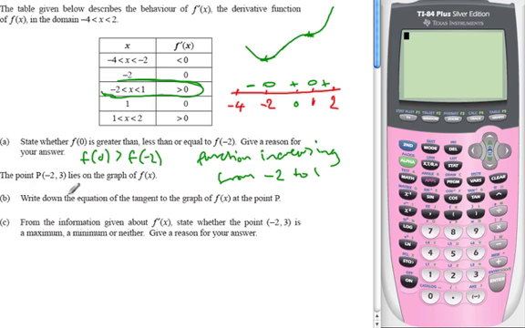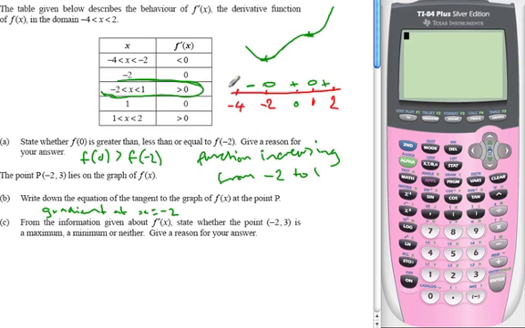Okay, the point (-2, 3) lies on the graph of f(x). Write down the equation of the tangent to the graph f(x) at point P. Well, first of all, we need the gradient of the tangent, so the gradient at x equals -2.